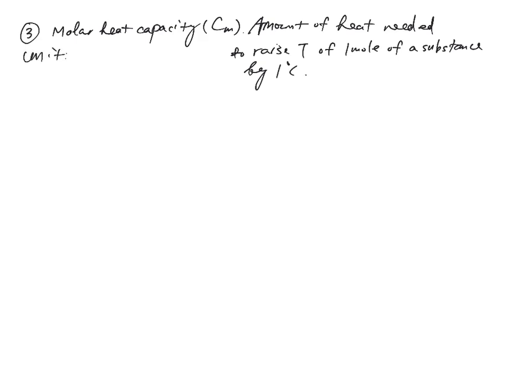Unit is joules per mole per degree Celsius, or calorie per mole per degree Celsius. And the only difference it has with specific heat is that you change the 1 gram of stuff into 1 mole of stuff. And since you are also limiting the amount of the substance, for molar heat capacity, same deal with specific heat. Size doesn't matter. Intensive property.